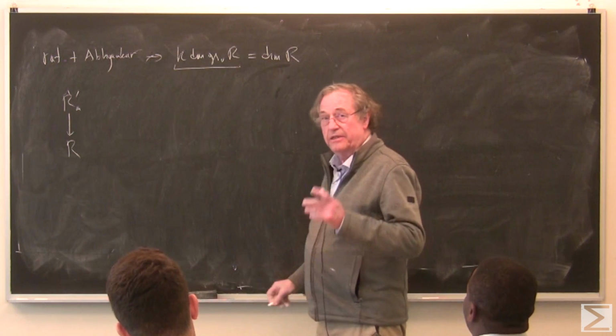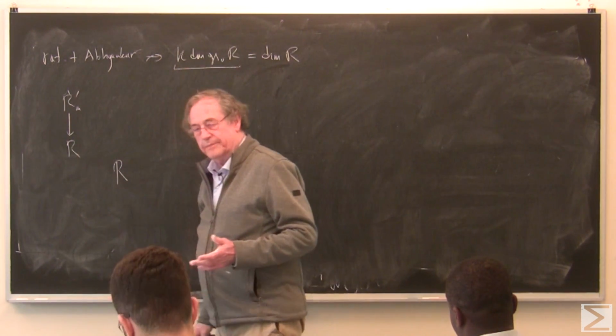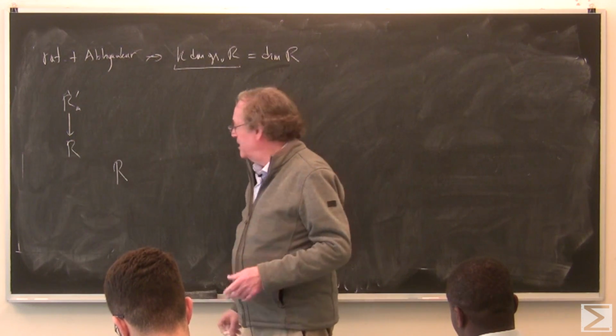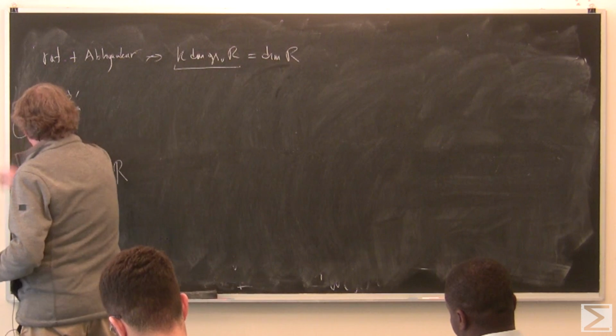Now, the next thing to look at is, suppose my ring is not complete. So that's another result. This is the first result, which one needs.